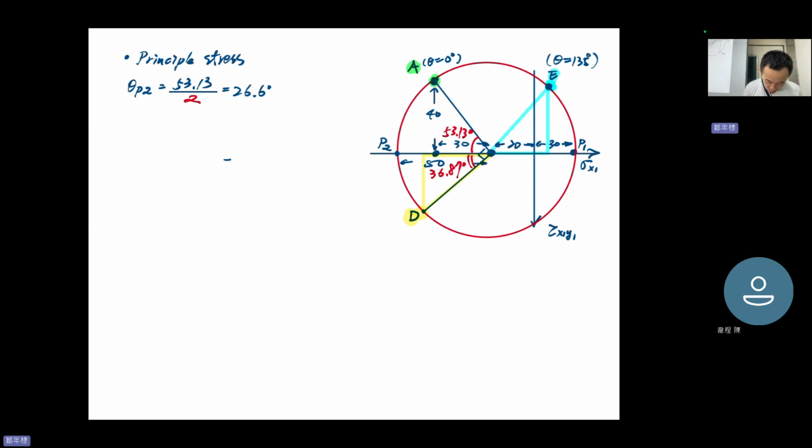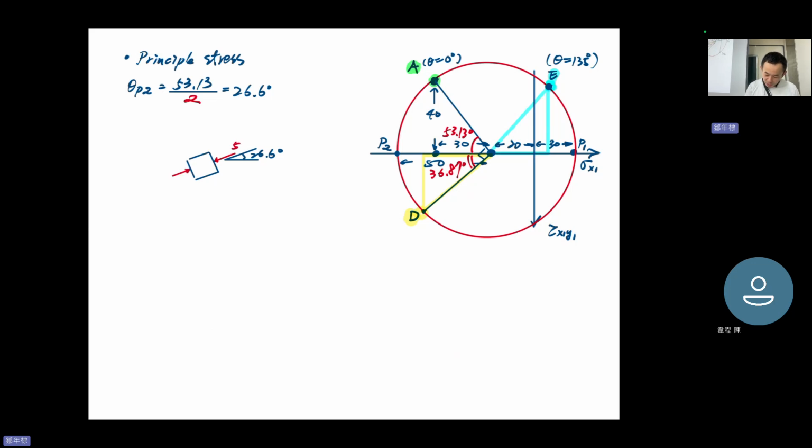So now I draw this. This is 26.6, and okay, this is the element. Okay, and what's that? Minus 70, right? I can determine this by eye, right? 20 and 50.